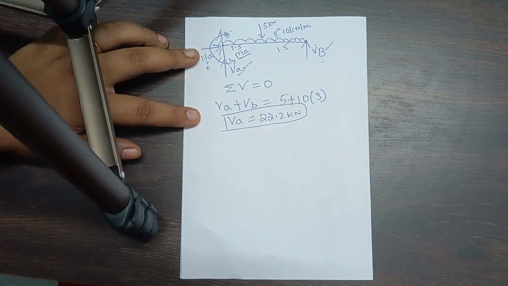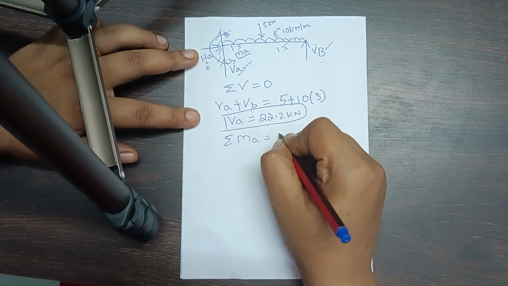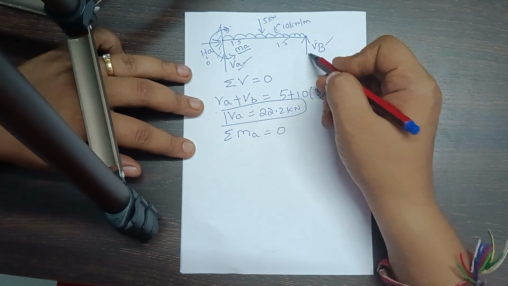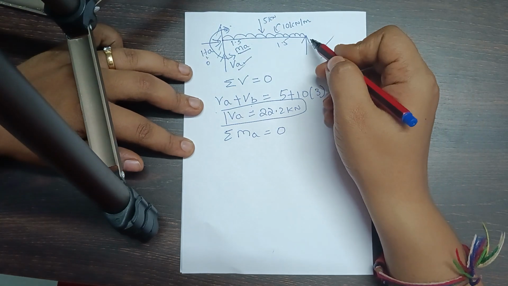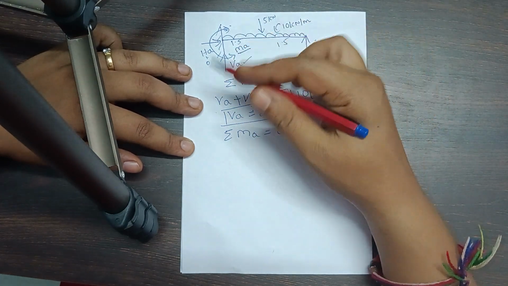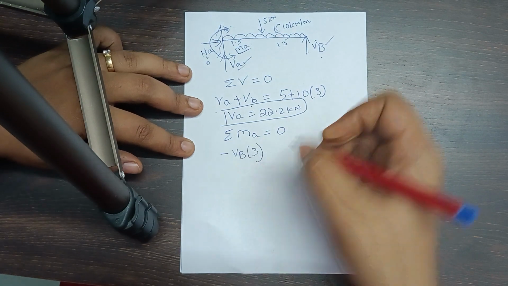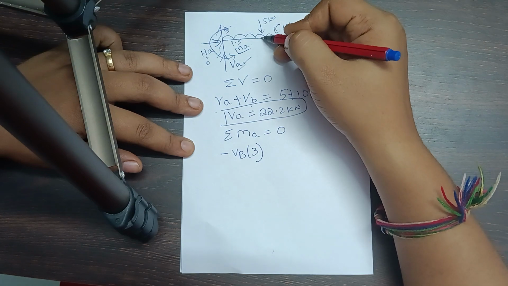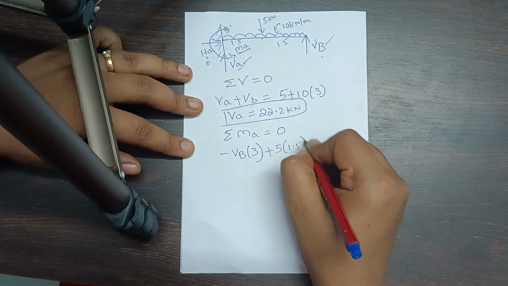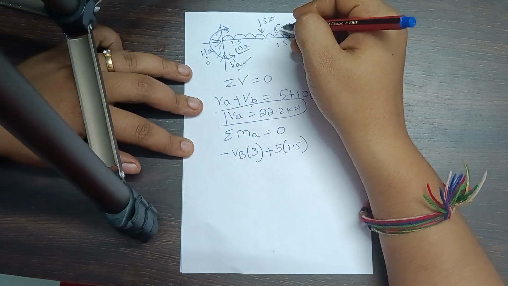Now if I apply the moment about A, the summation of all the moments about A in equilibrium is equal to 0. Starting from B, VB into the distance 3 meters. It is anti-clockwise, so it is negative: minus VB into 3. Next, 5 is there, and the distance is 1.5, clockwise, so plus 5 into 1.5. Then again I have the UDL: load into distance into centroid.